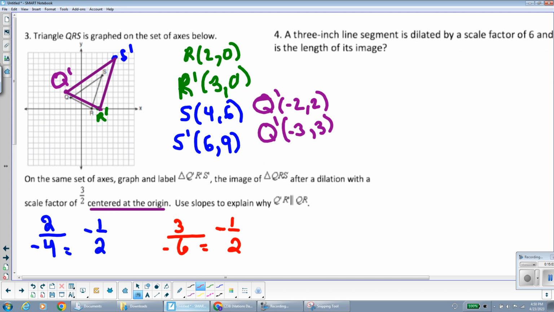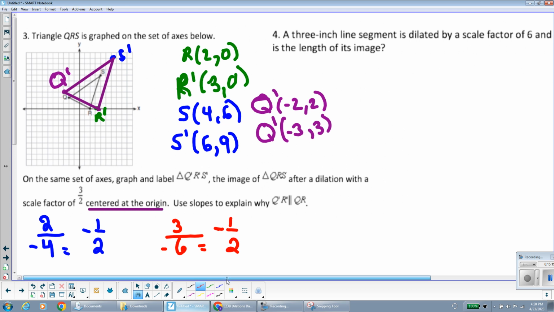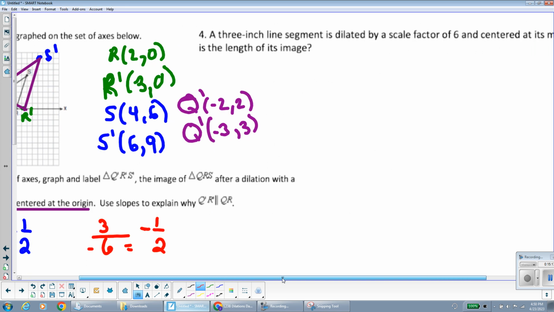So Q prime R prime is parallel to QR because they have the same slope. And that makes sense because a dilation preserves parallelism, so the pre-image and the image should be parallel to each other. They should have the same slope.